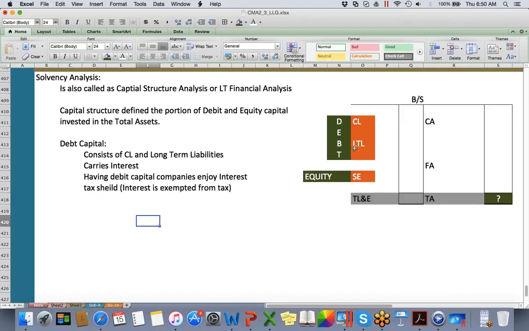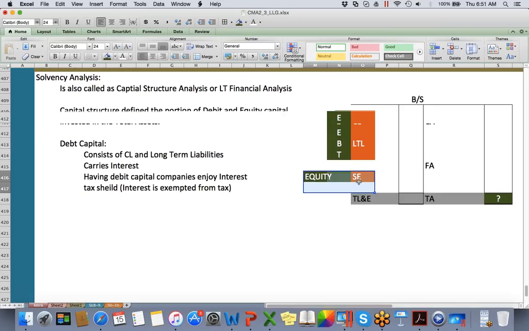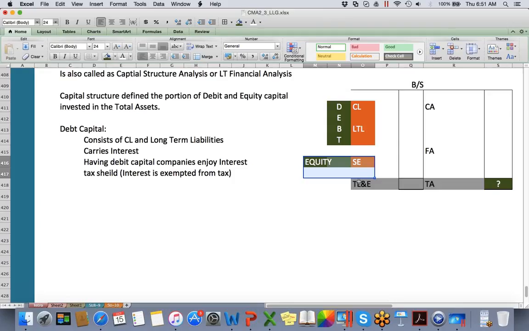This is the reason why companies operating in highly taxable countries like to have more debt, less equity, because they pay interest and claim it from their revenue income. Remember in the income statement, EBIT minus I gives EBT, the taxable amount, and on EBT you will pay tax.